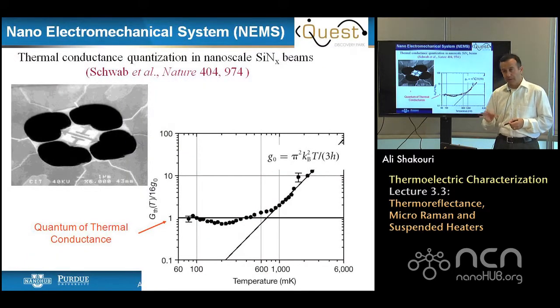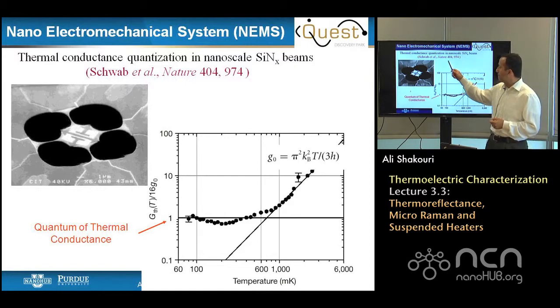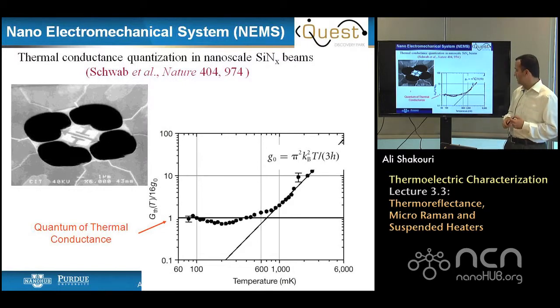I should now, just the last view graph, this type of suspended platform were also used by Keith Schwab and Ruckus group to measure what is the quantum of thermoconductance. And this is something that you don't hear as much in the lectures by Professor Datta and Lundström. You heard about quantum of electrical conductance.